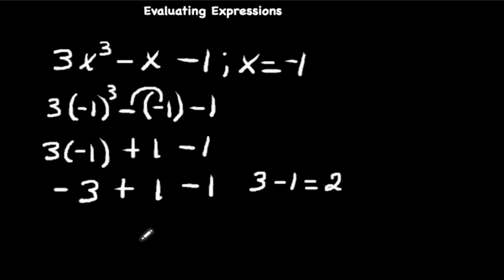However, we do have to append the same sign as the greater absolute value, which in this case is negative 3. So this would be negative 2. Then negative 2 minus 1 is equal to negative 3, because remember, a negative plus another negative will equal a negative, okay? All right, let's go with one more problem.